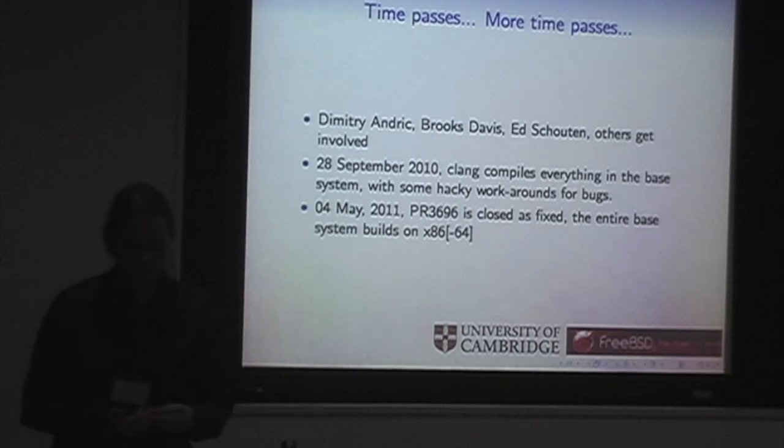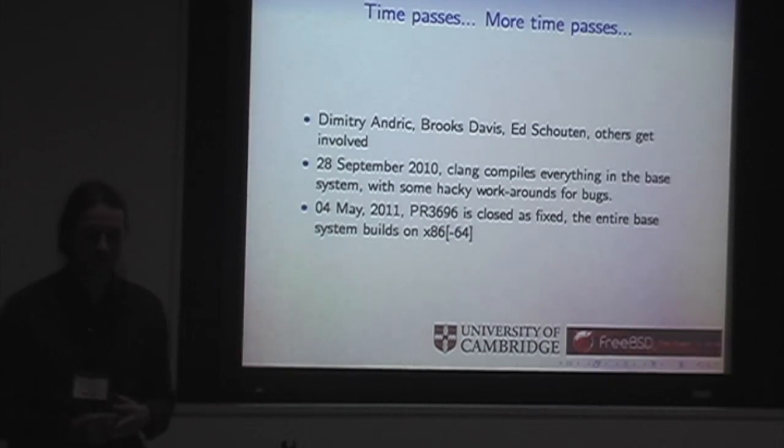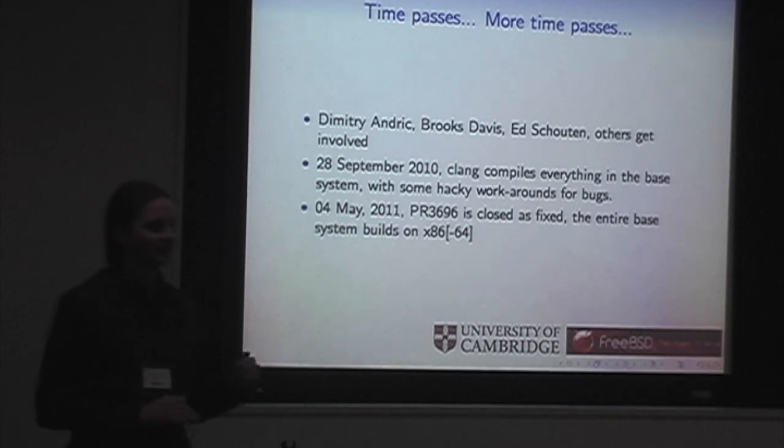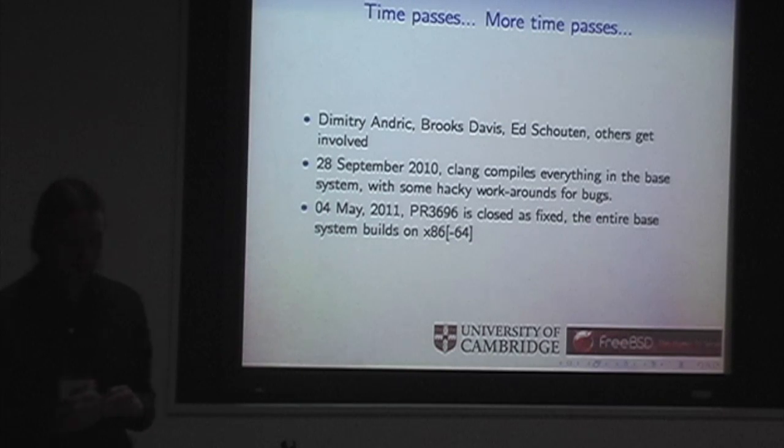Well, no, sorry, 2 years later the bug was closed. 18 months later we could compile everything in the base system with Clang, but with some fairly invasive modifications to the source and some really ugly hacks to work around bugs, and occasionally compiling things at -O0 because, well, there was a bug in an optimizer somewhere.